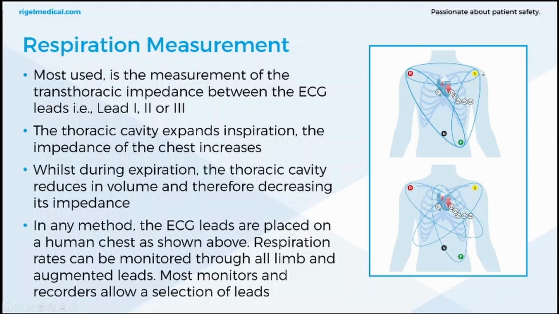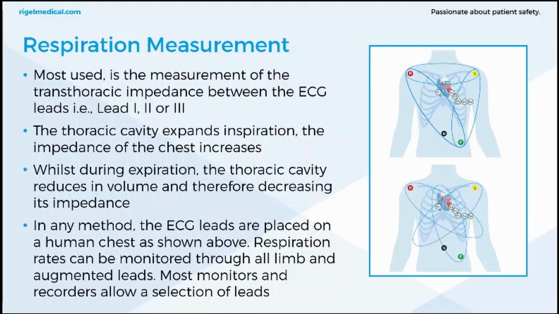You've got a baseline impedance, let's say across the chest, say we're measuring a baseline impedance here, and it's 500 ohms. During expiration, it might be 499 ohms, and then during inspiration, at peak inspiration, it might be 501.